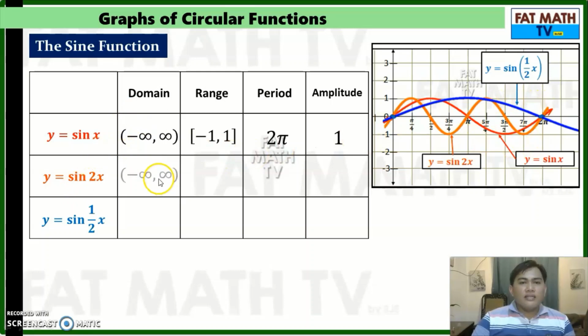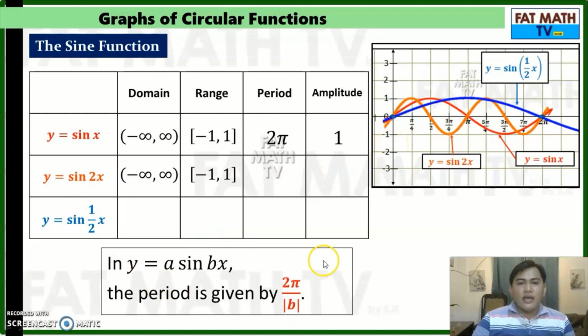For the domain, still the same. For the range, as you can see here, it's still from -1 to 1. And for the period, it's going to be different now. As you can see here, the complete cycle ends at pi. So the period of this function is pi.